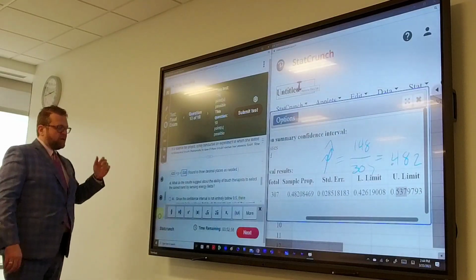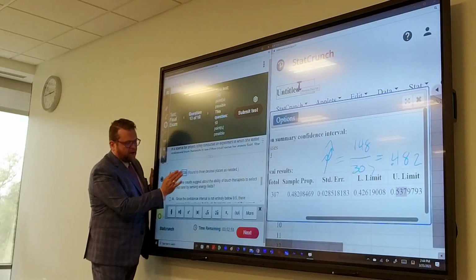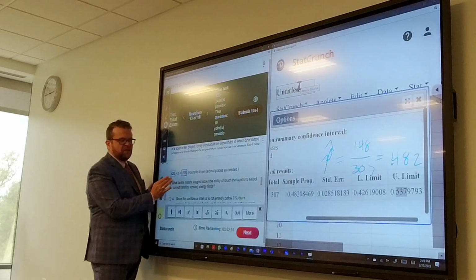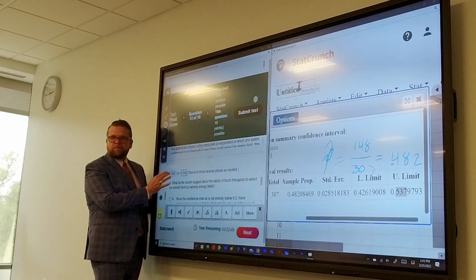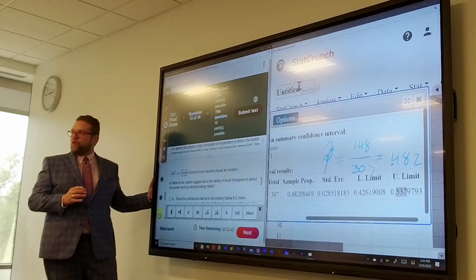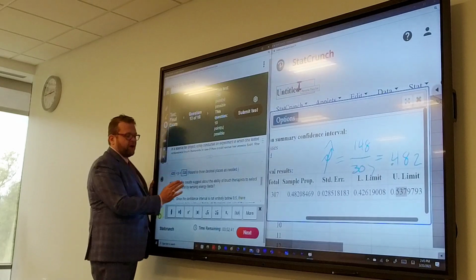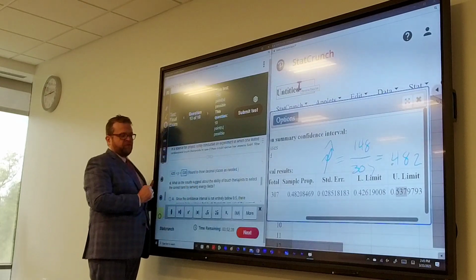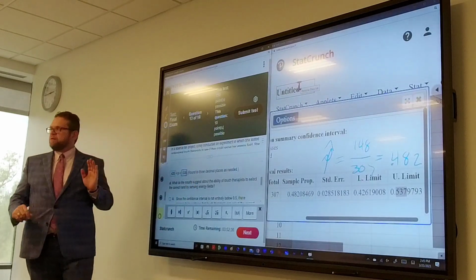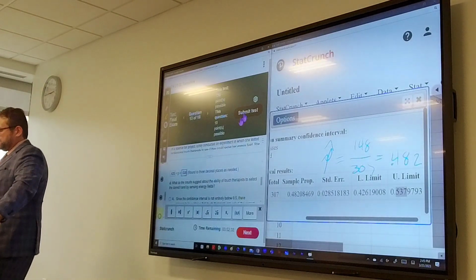However, the entire interval is not below 50%. If it were, I could conclude that they do worse than a random guess. Likewise, if the entire interval were above 50%, then I could say they are clairvoyant, doing something better than a random guess.